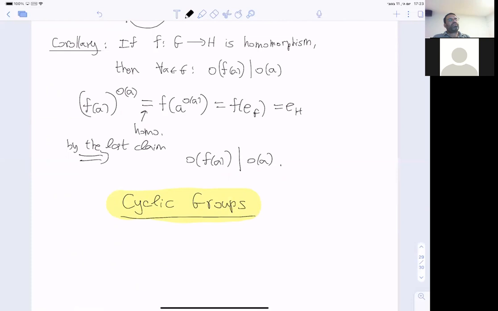I mean, there exists at least one element that can generate all the elements by its powers.